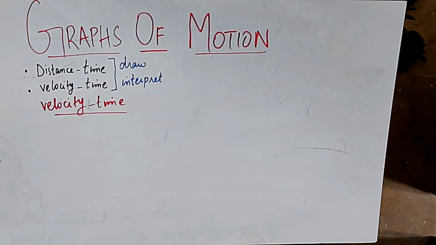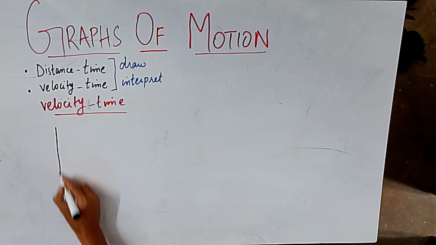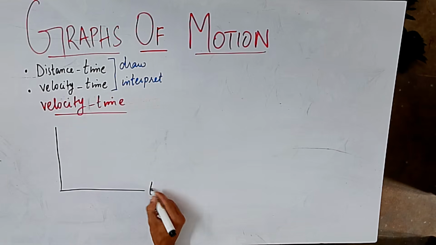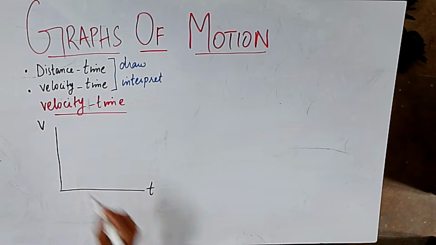When we say velocity time graph, we again have time on the x-axis and speed or velocity on the y-axis. And one more thing that you need to understand is that there is no distance. We are not showing any distance over here.